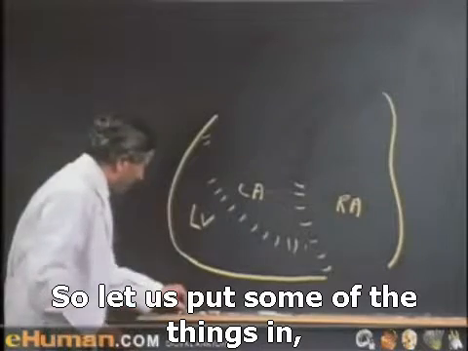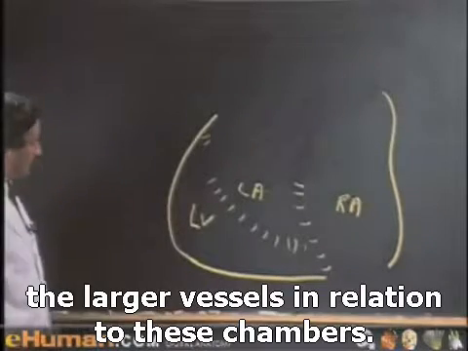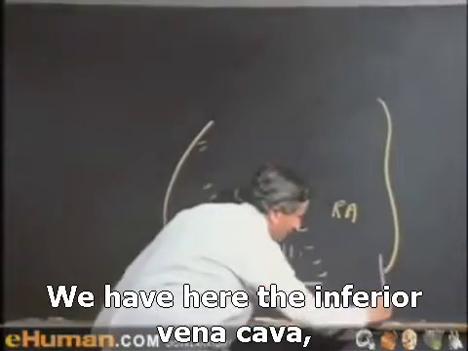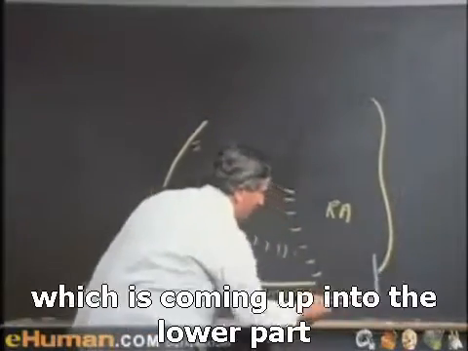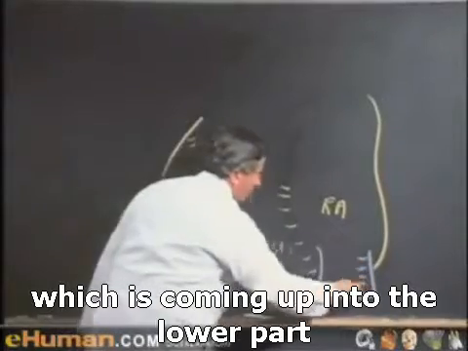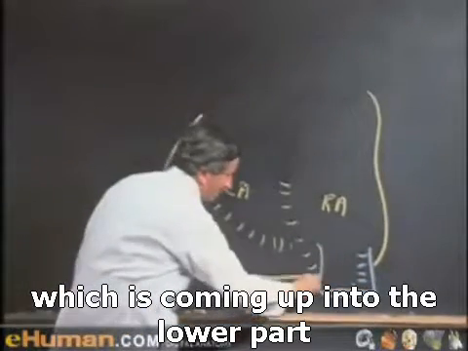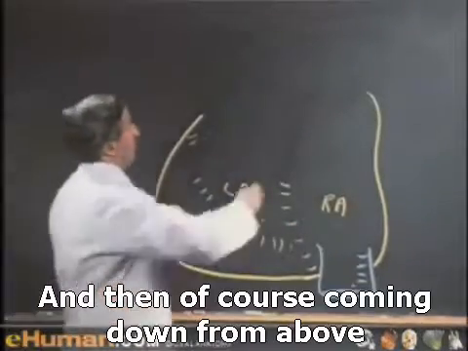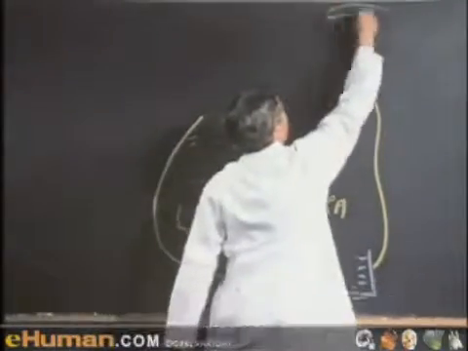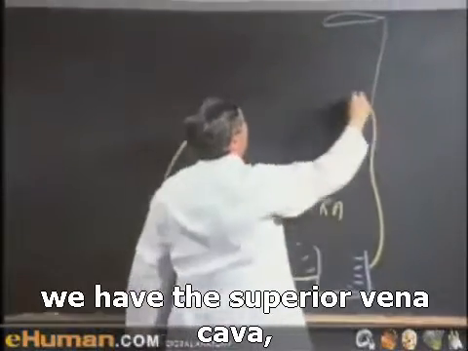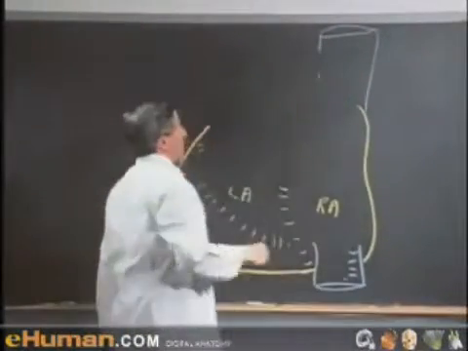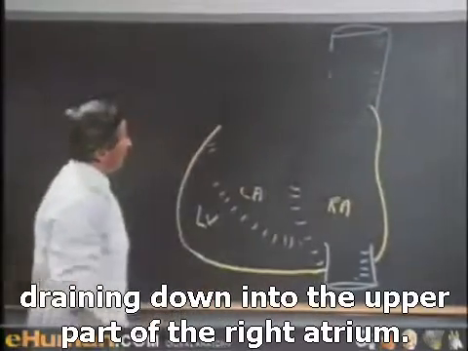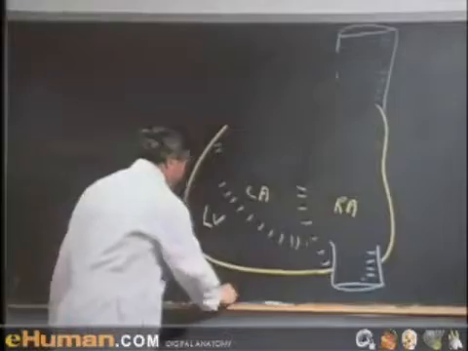So let us put some of the larger vessels in relation to these chambers. We have here the inferior vena cava, which is coming up into the lower part of the right atrium. And then, of course, coming down and above, we have the superior vena cava, draining down into the upper part of the right atrium.